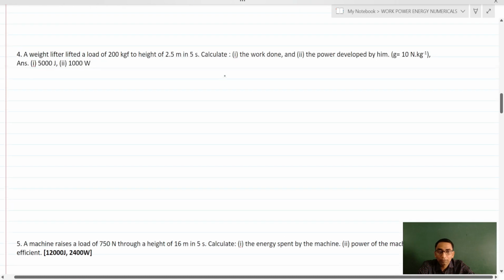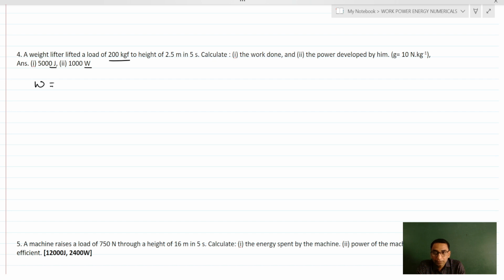Moving on, problem number 4. The weightlifter lifted a load. Again, please see that this is in kgf, and the answers are all to be in SI units. So the weight is given to us as 200 kgf, which is equal to 2000 newtons.